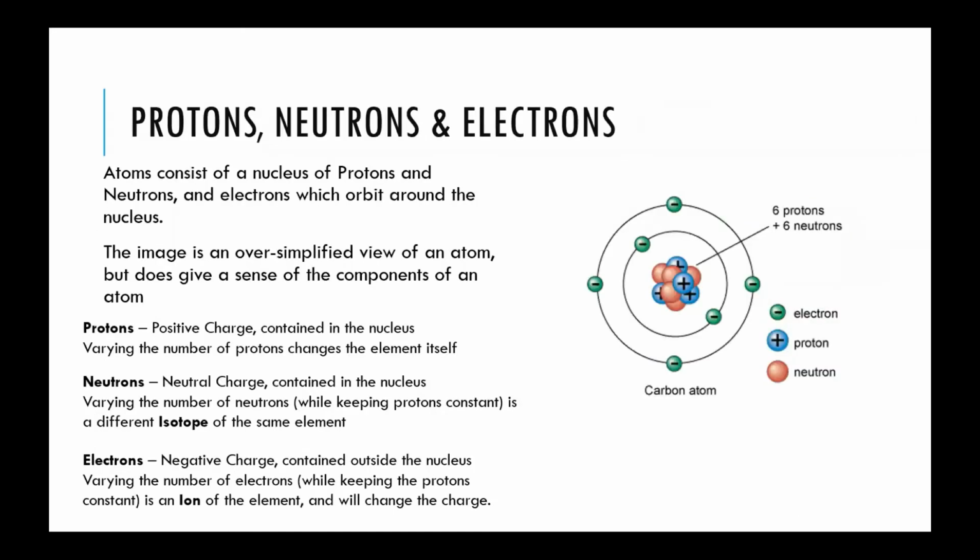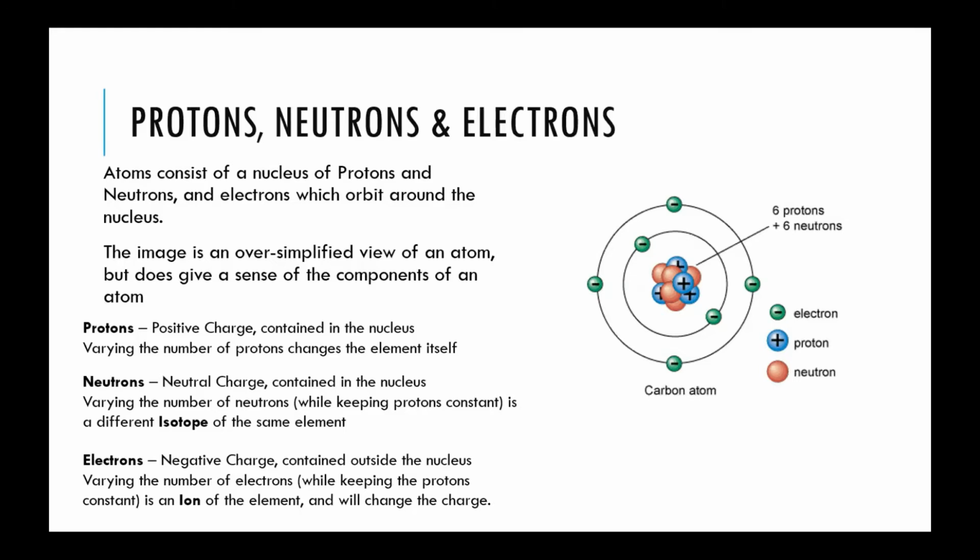Atoms themselves have 3 components within them: protons, neutrons, and electrons. The protons are found in the nucleus, or the center of the atom, and these have a positive charge associated with it. The number of protons is what dictates the element.